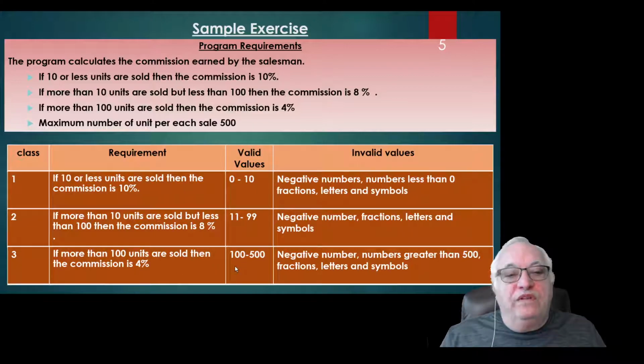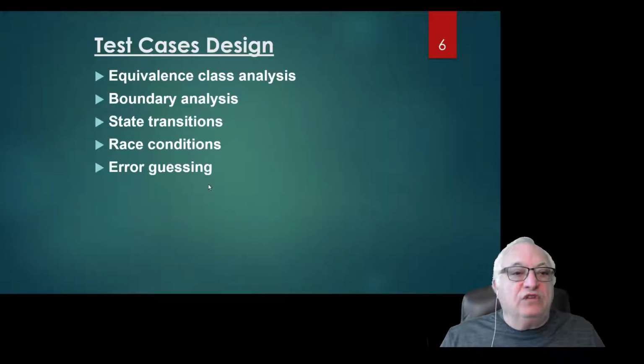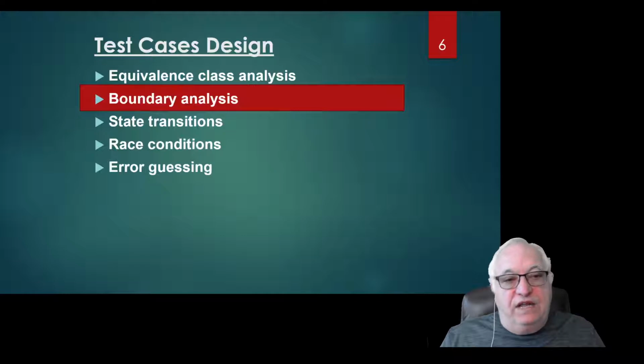Now, the valids are going to be numbers between 100 and 500. Invalids will be negative numbers, numbers greater than 500, fractions, letters, and symbols. So what we've done so far is we've identified our equivalence classes. Now before I go further into this example, I would like to talk about boundary analysis.